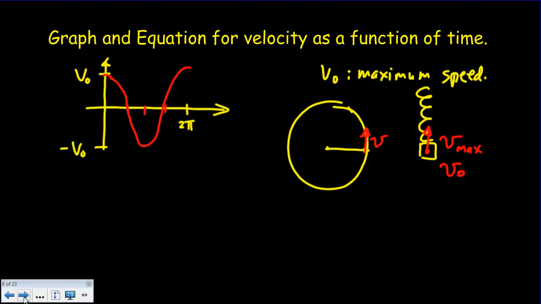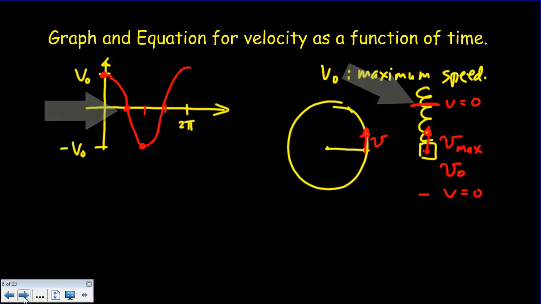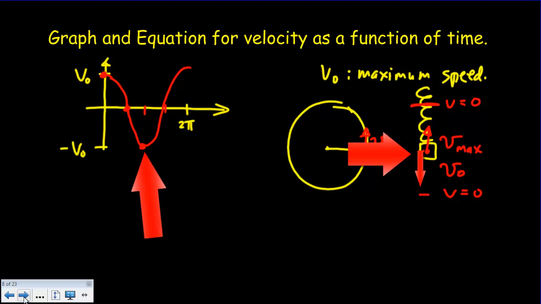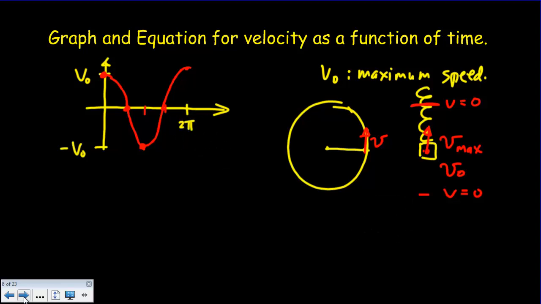So it goes from maximum speed in the middle, 0 speed at the endpoint, maximum speed in the middle, 0 speed at the endpoint, maximum speed back at the middle again, and restarting the cycle. So the equation of the graph I just drew, you can see that's a cosine function. And our velocity would equal that maximum velocity times the cosine, and I'll have exactly the same argument, omega t.